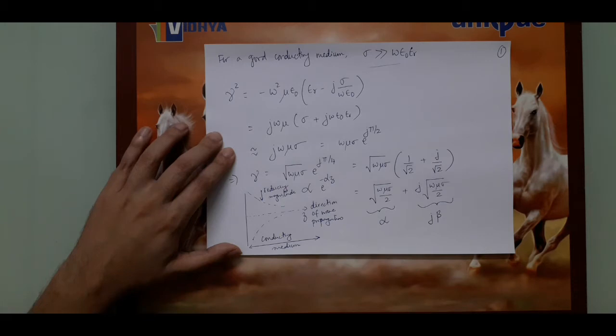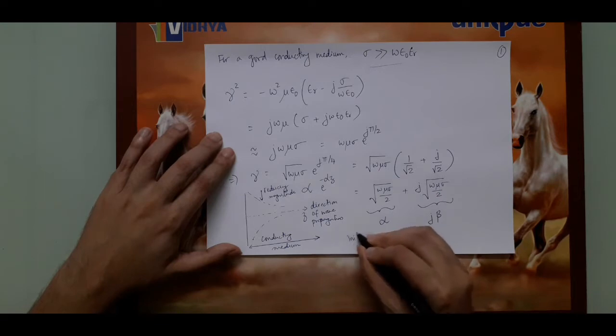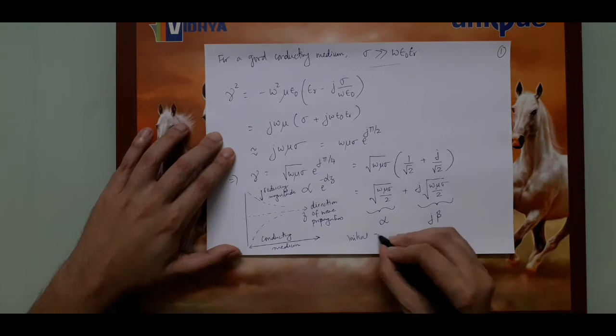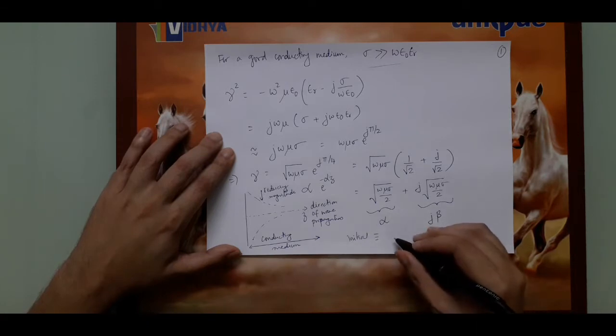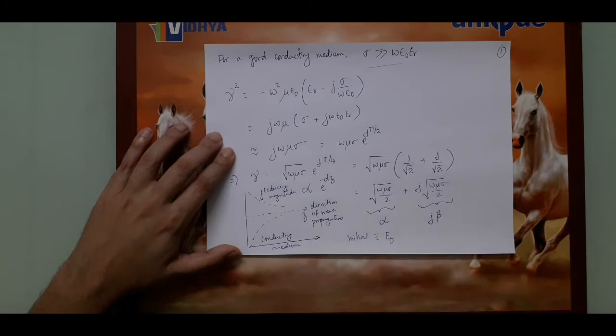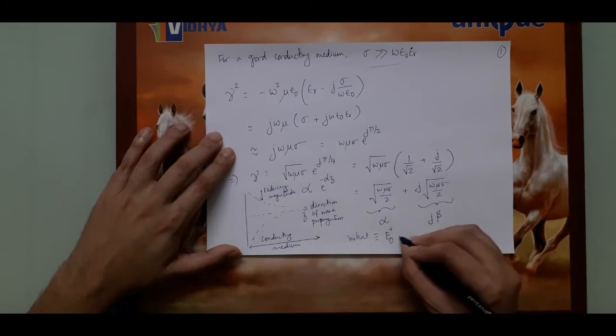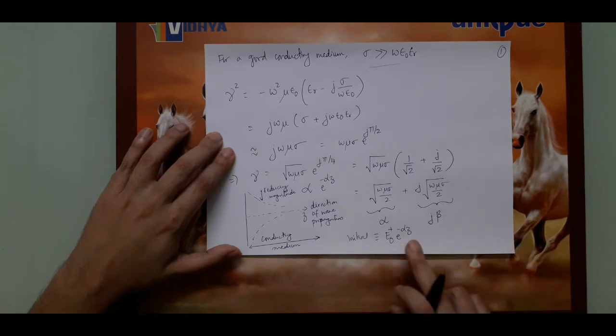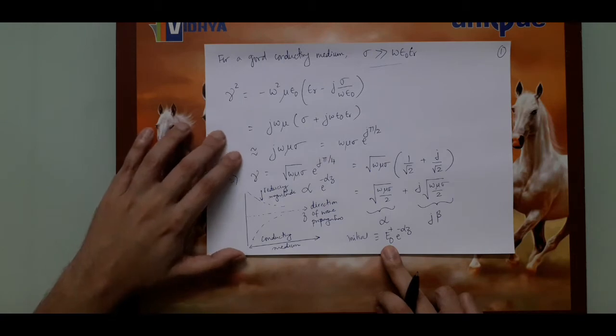So suppose the initial field, initial meaning just at the starting, is given as something of this kind, E0 plus e raised to minus alpha z. When z is equal to 0, the magnitude will be E0 plus.